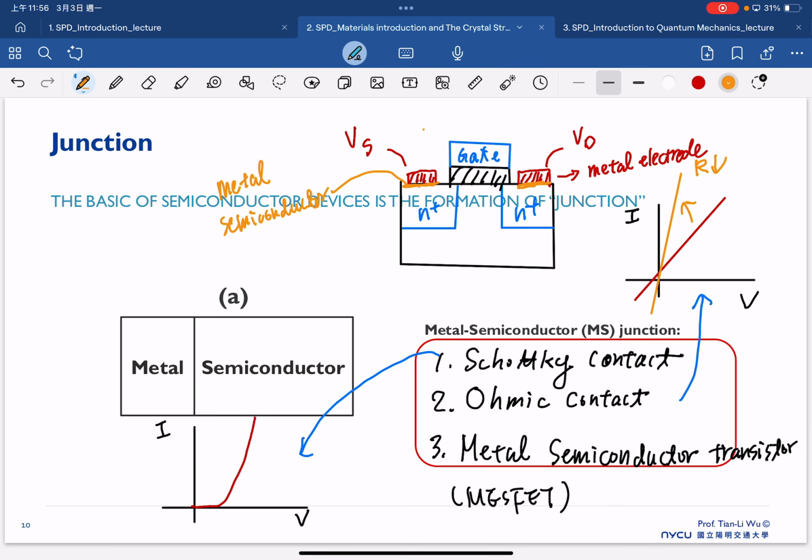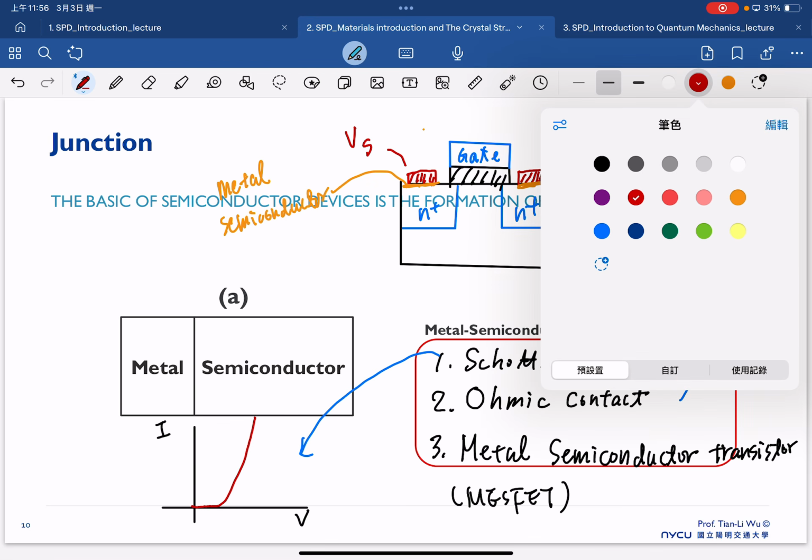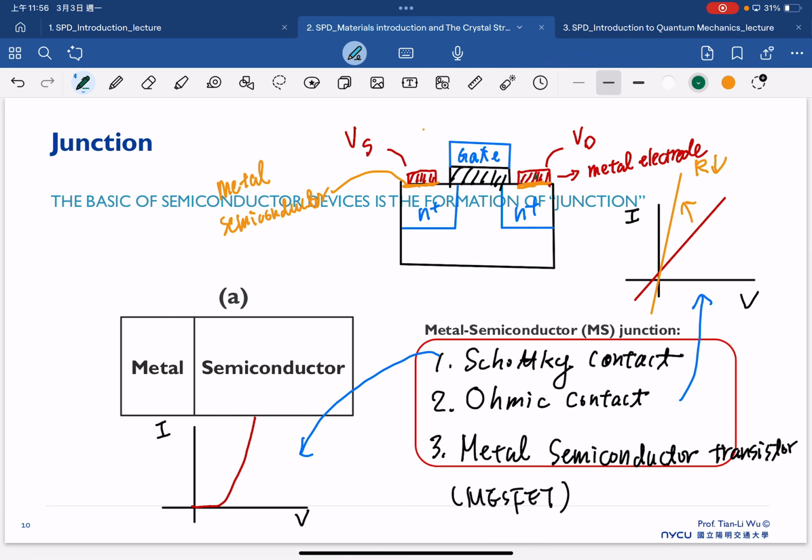In the transistor operation, because of this metal semiconductor junction, where we put two different materials together, normally we have to consider the resistance in between.